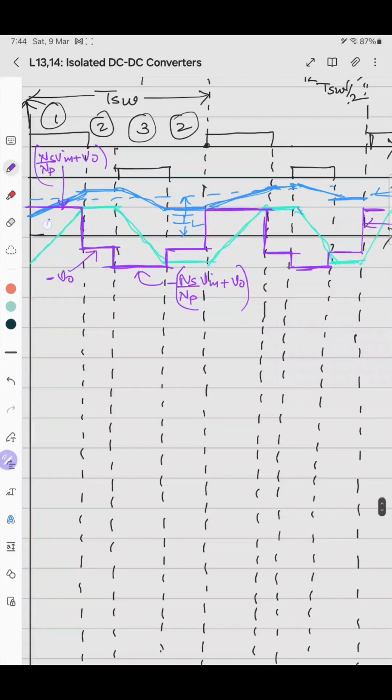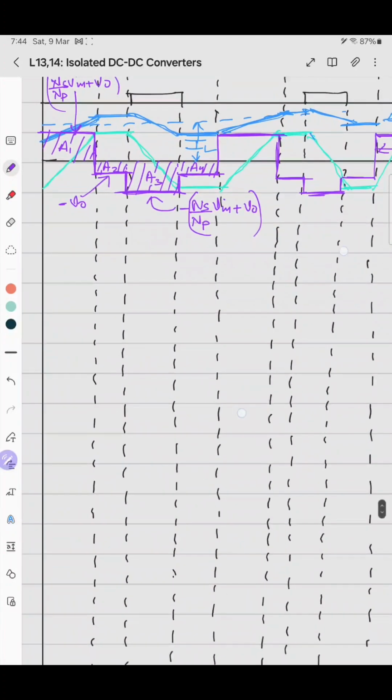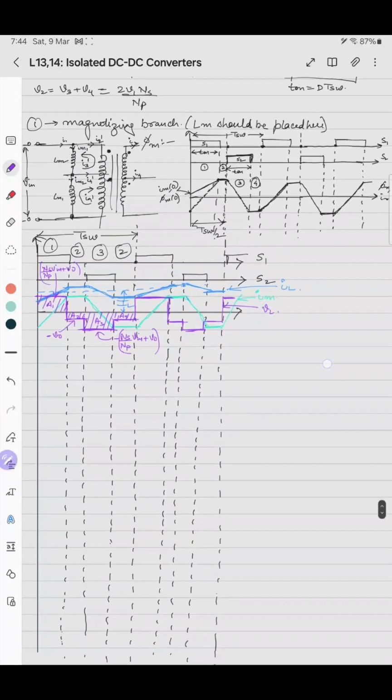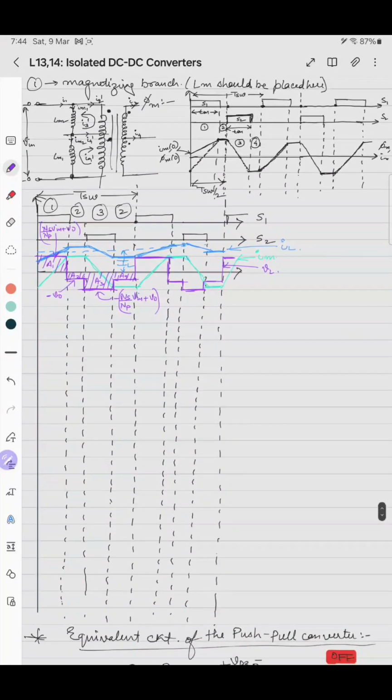So this is A1, A2, A3, and this is A4. So we have done IL, IM, VL.